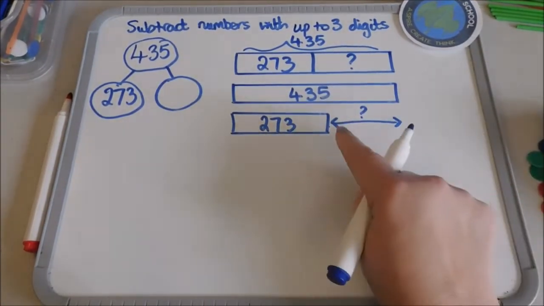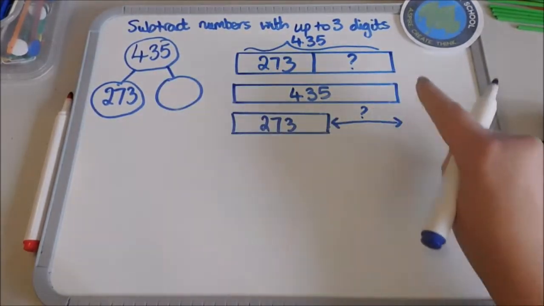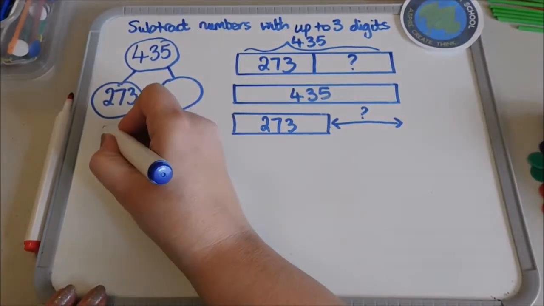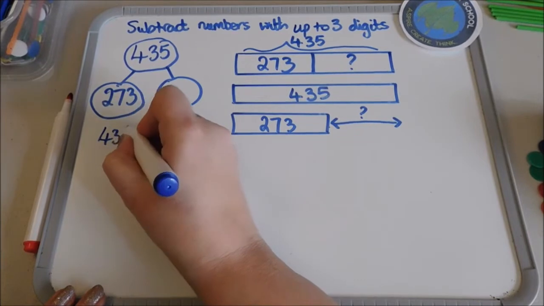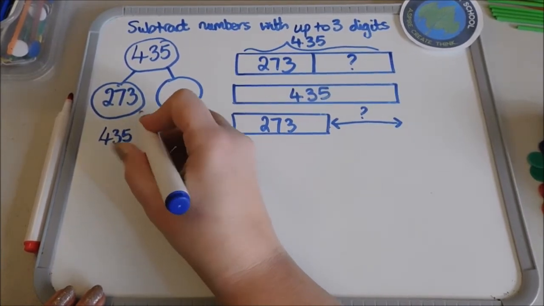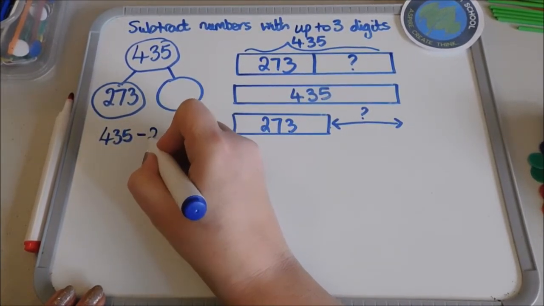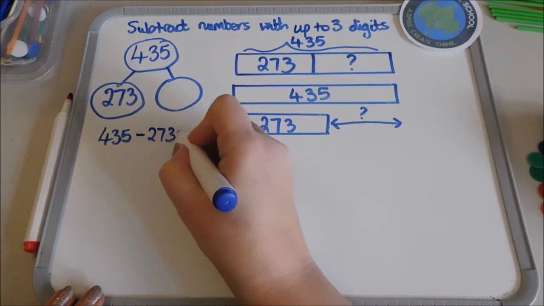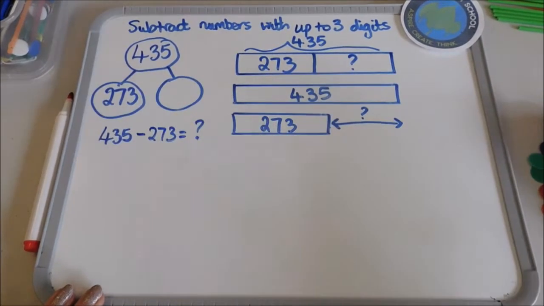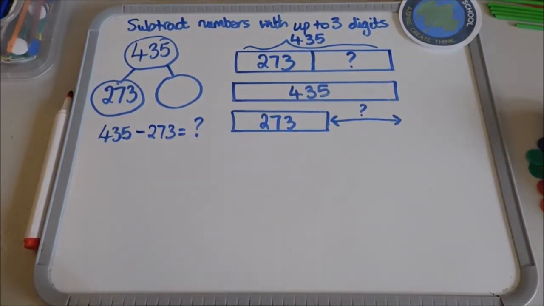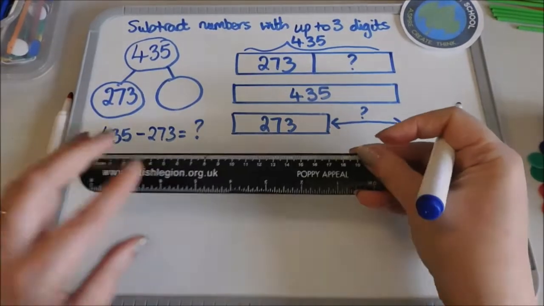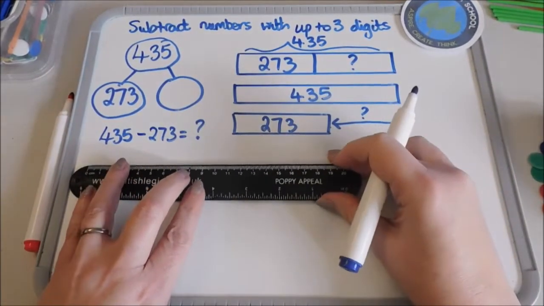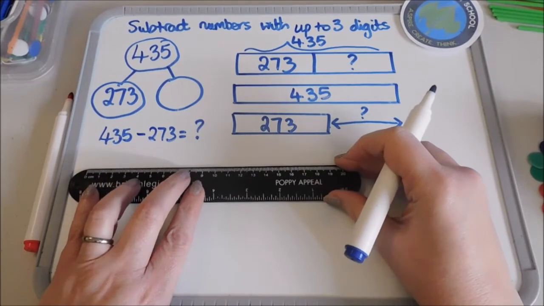So when the children see any of these calculations, or even see it written as a number sentence, 435 subtract 273 equals that, we would encourage the children to work it out using a place value grid.